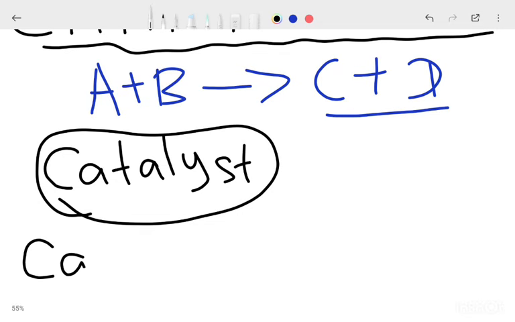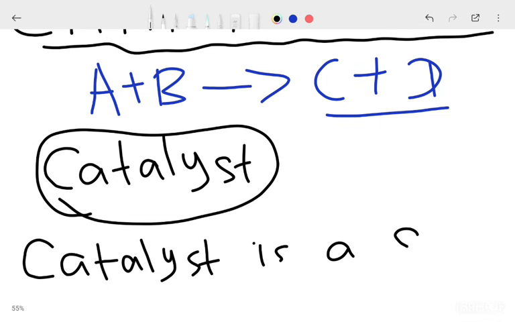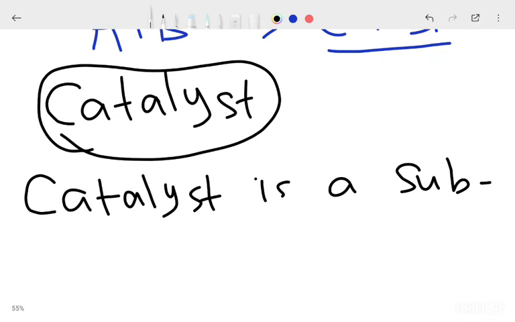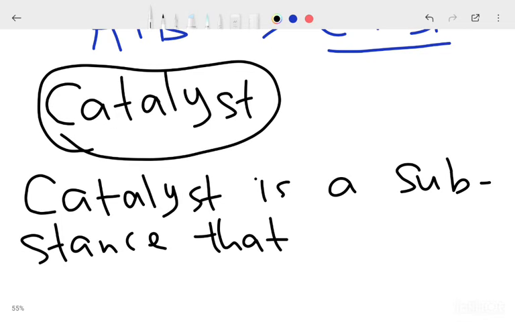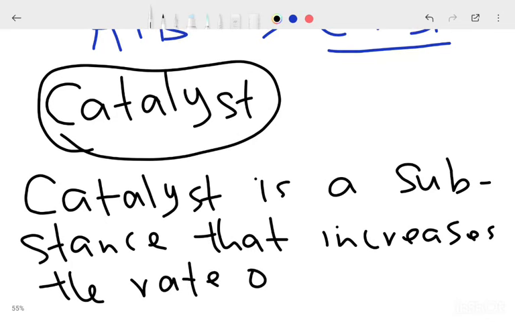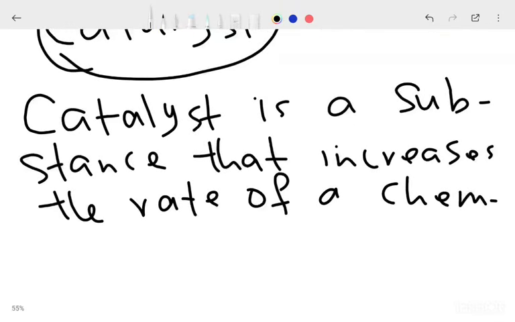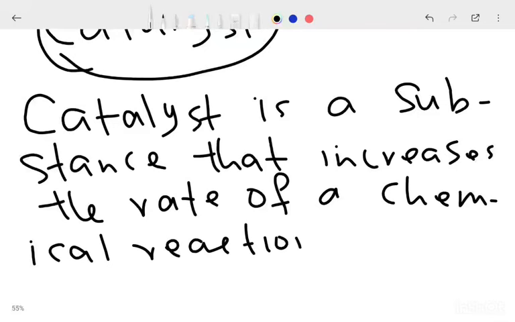Now write it. Catalyst is a substance that increases the rate of a chemical reaction.